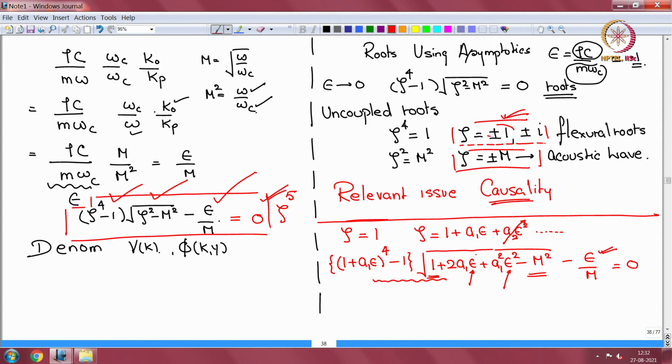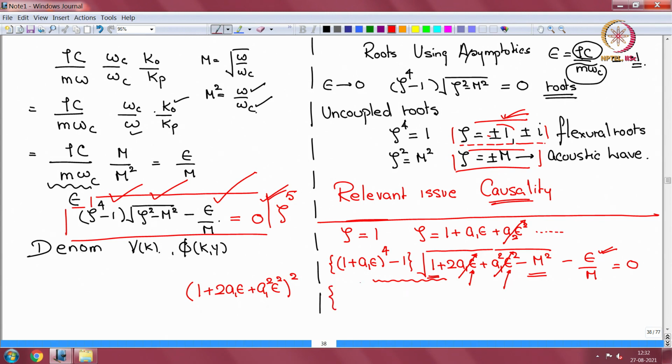So these can be ignored for now in comparison to 1 minus m squared. But what about here? Here I have 1 plus twice a1 epsilon plus a1 squared epsilon squared, and this is further whole squared.